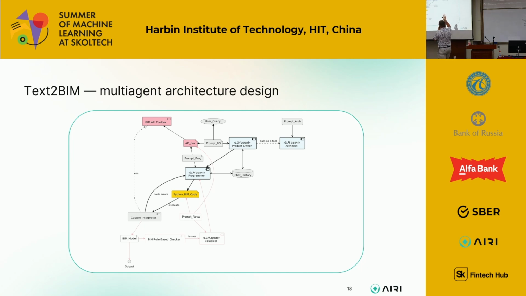The first role is the architect. The architect takes the technical task and tries to divide it from the point of view of architecture, what types of project should be implemented to construct a building and finally create a project. Then we have the product owner, the person who combines two expertises, engineering and data science or IT, and who finally implements the model.